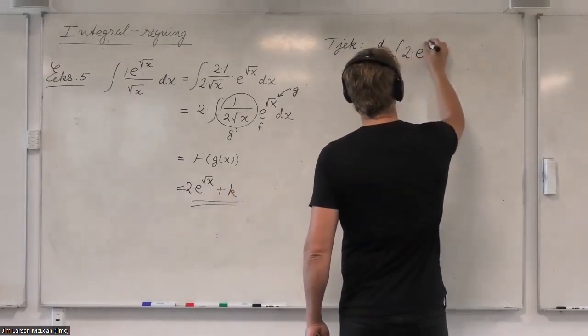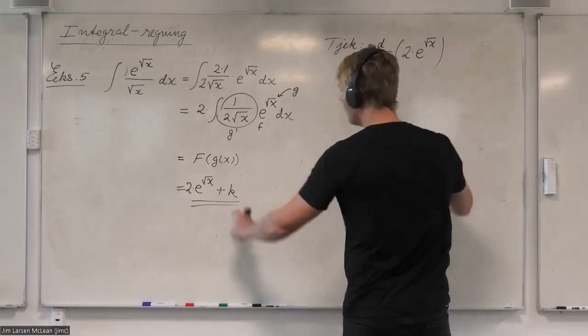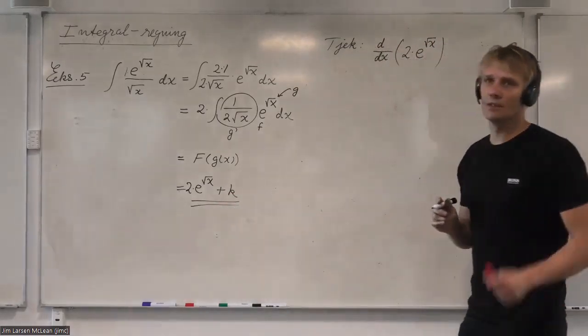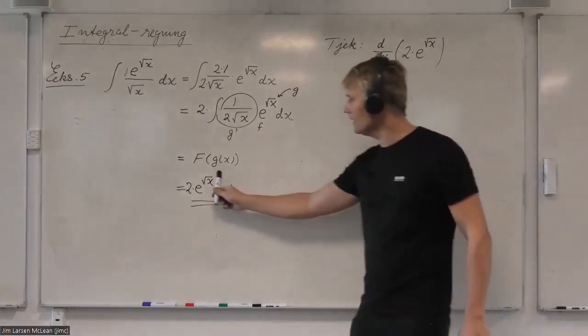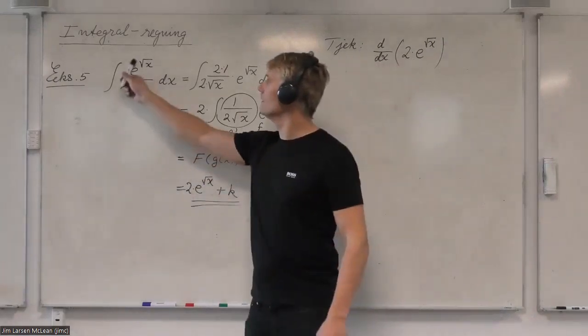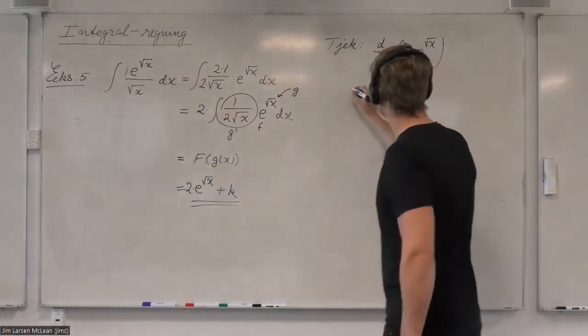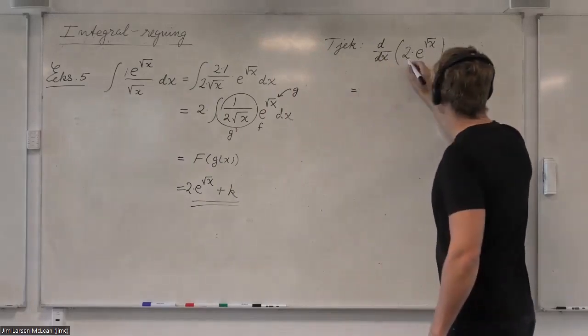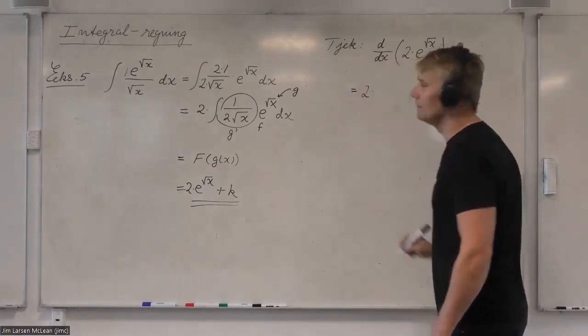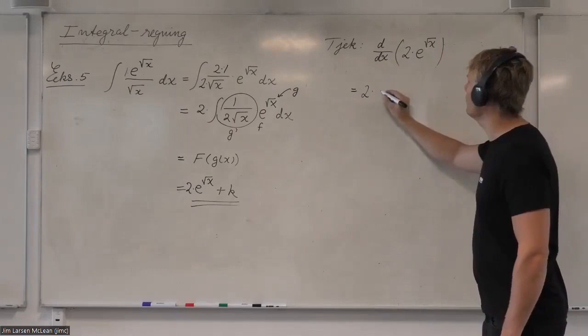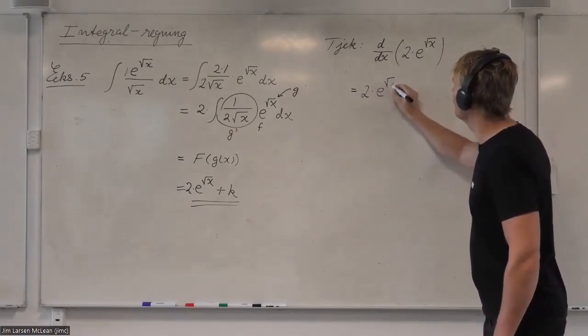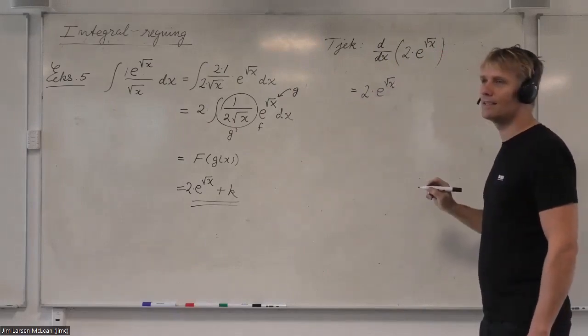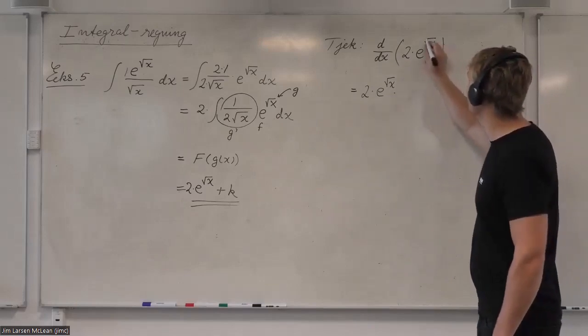2 times the square root of x, and I can forget all about k, because I know it disappears when I differentiate. So the important thing is, if what's differentiated gives that fraction. So let's try it. 2 is multiplied, so it will remain. E differentiated becomes itself. But it's a composite function, so I need to remember to multiply with the derivative of the inner function.